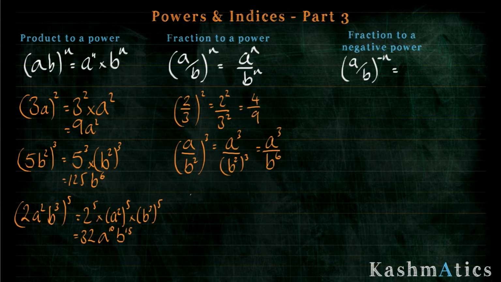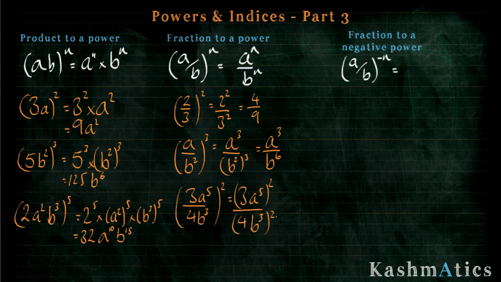And something a bit more complicated like 3a to the power 5 over 4b cubed all squared. This would be the same as 3a to the power 5 all squared over 4b cubed all squared.